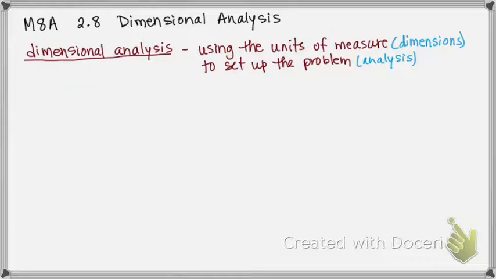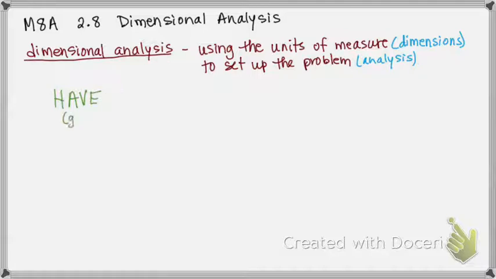So, basically in a dimensional analysis problem, you're going to be given a situation. You're going to be told what you want the label to be in your answer, and then you're going to need some sort of conversion factor to get from one label to the next, okay? So we're going to call this have.